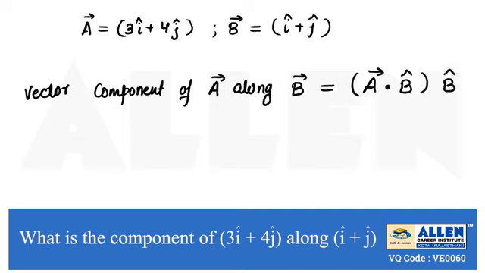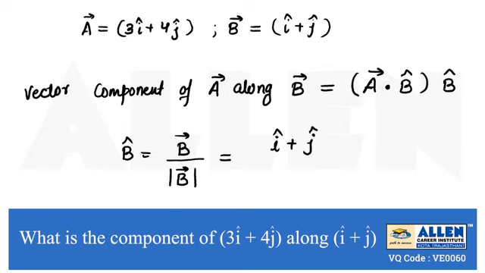So here we can see we require b cap. First we will find b cap. The b cap, that is the unit vector along b vector, can be calculated with the help of this equation, that is the vector divided by its own magnitude. The vector is i cap plus j cap and it will be divided by its magnitude.